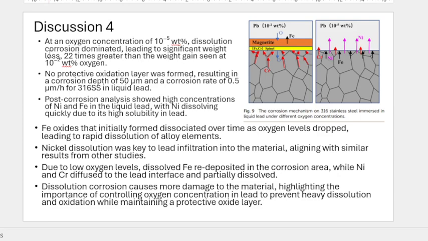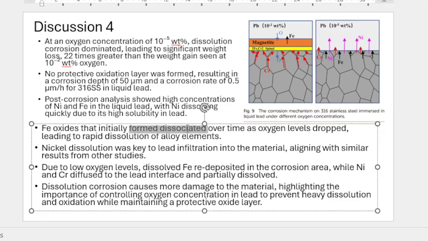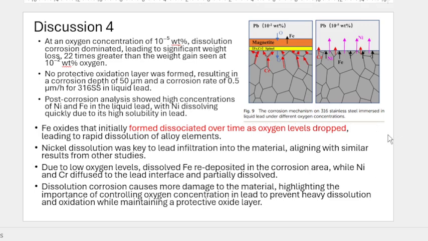Iron oxides that initially formed dissociated over time as oxygen level dropped, leading to rapid dissolution of alloy elements. Nickel dissolution was key to lead infiltration into the material, aligning with similar results from other studies.